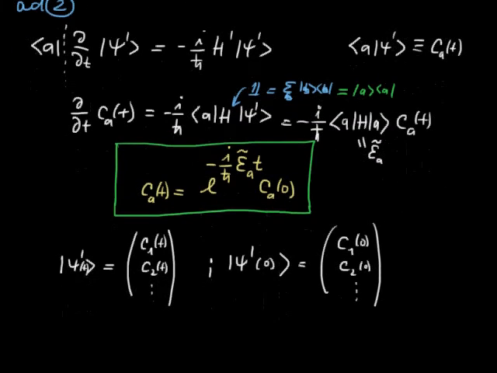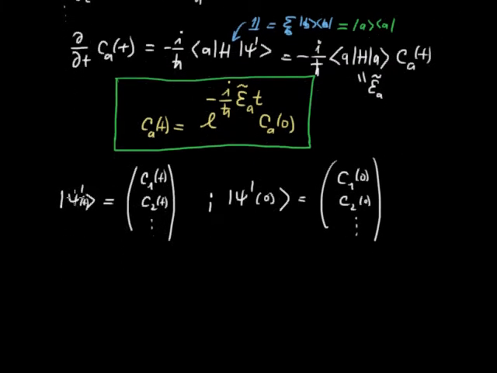Now you see that all these coefficients are basically just multiplied by something. So how do I multiply each element of a vector by a different number? Well, by multiplying by a diagonal matrix.